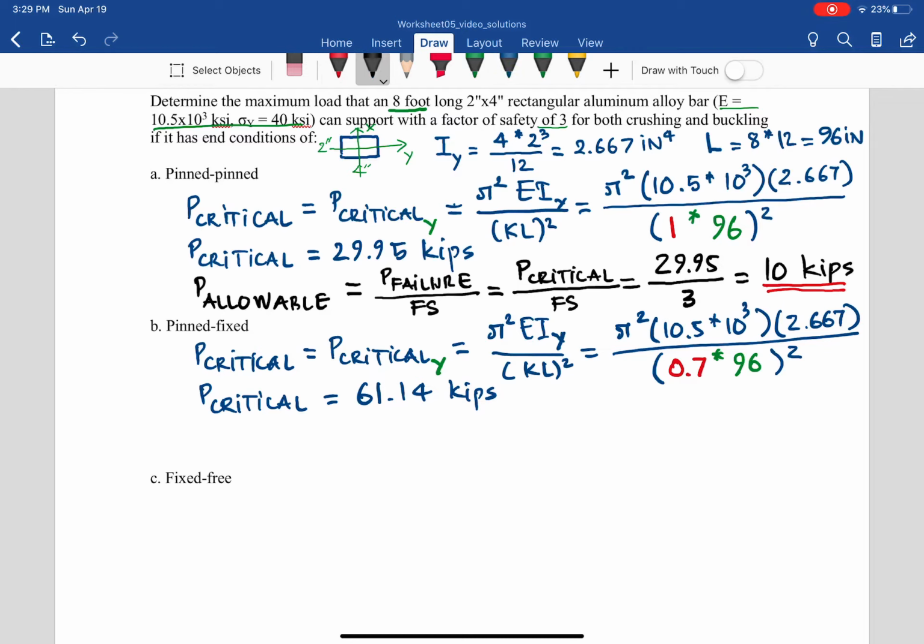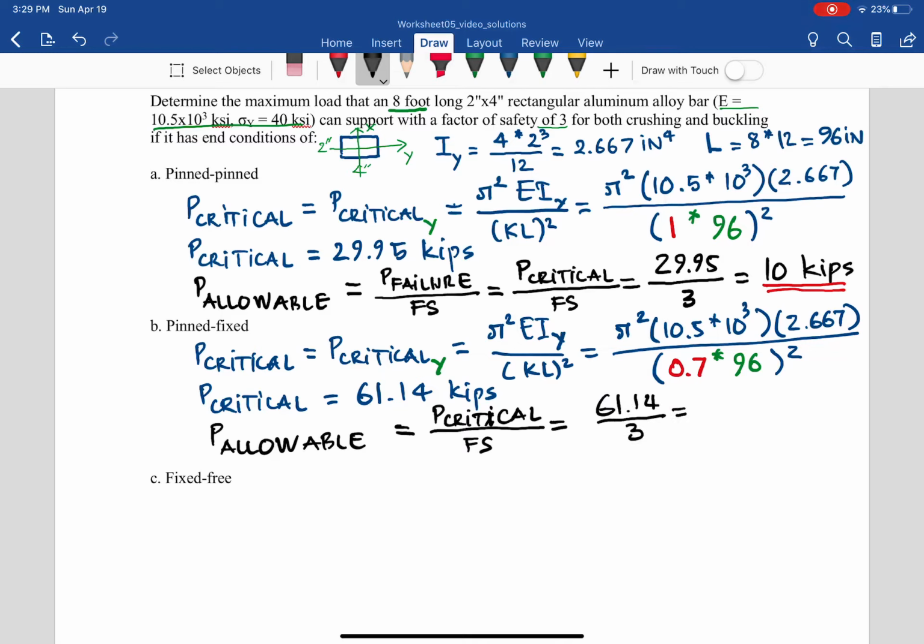And exactly the same, we can have P allowable equal to P critical, the failure as I mentioned in scenario A, divided by the factor of safety, and in that case it will be 61.14 divided by 3.